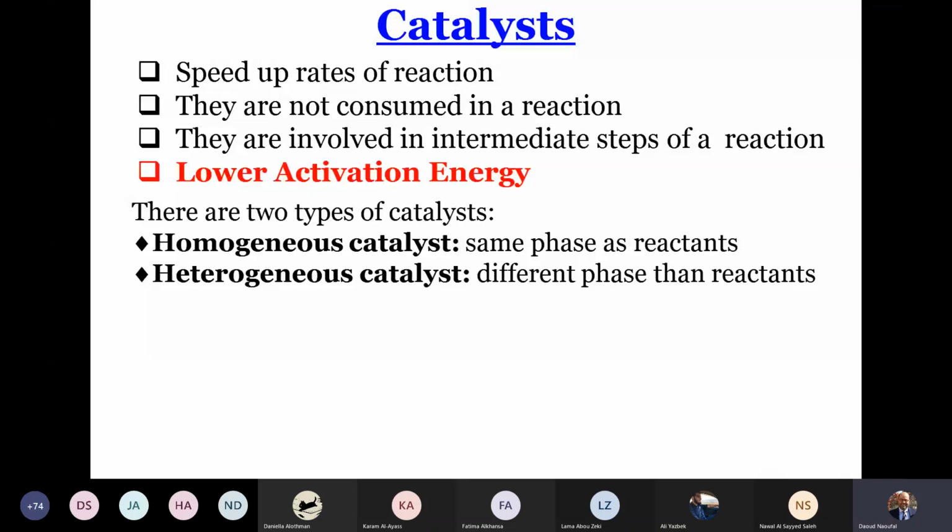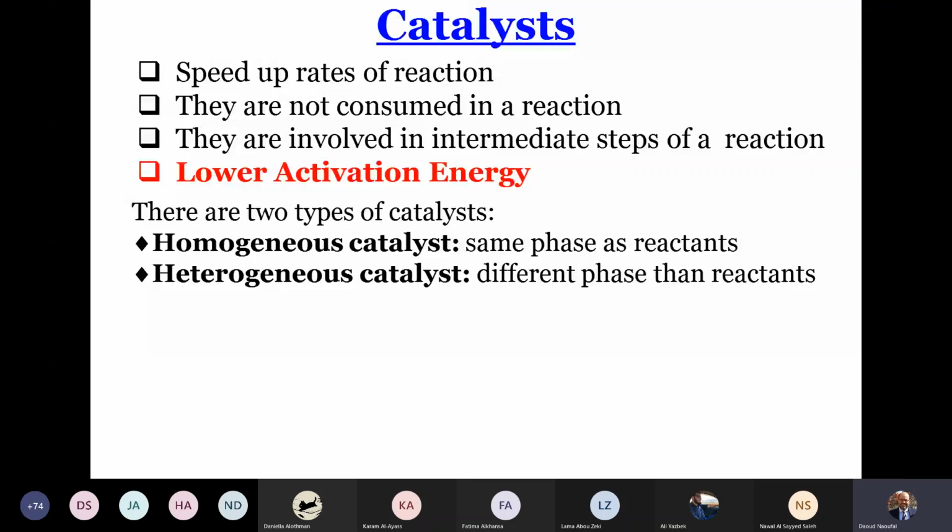Why do we use the terms homogeneous and heterogeneous? The mode of functioning of the homogeneous catalyst is different from that of the heterogeneous. For some reactions, we need homogeneous. For other reactions, we need heterogeneous. Which is better, homogeneous or heterogeneous?